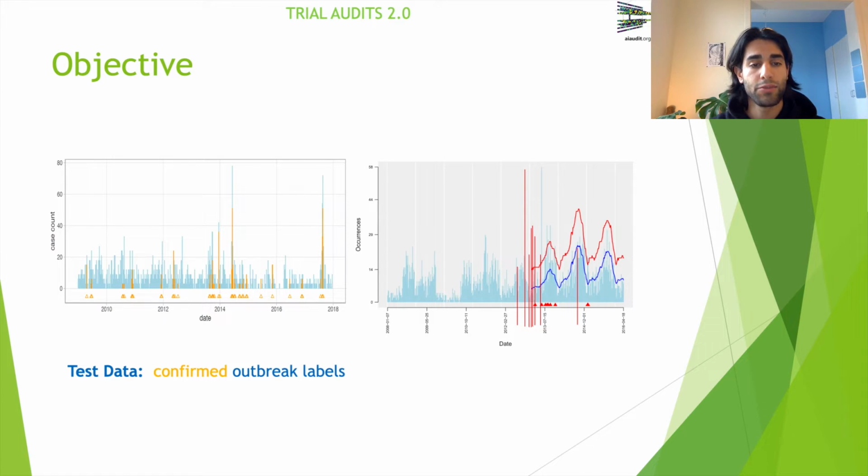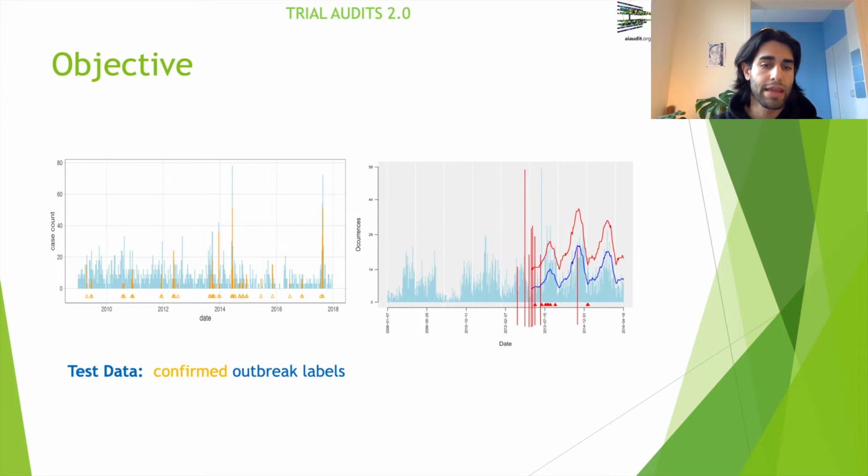Within the system, we can use these reported outbreaks as labels for our machine learning model. So we could apply supervised learning to that problem. To the left, you see those confirmed outbreaks; the orange triangles and lines are confirmed outbreaks.